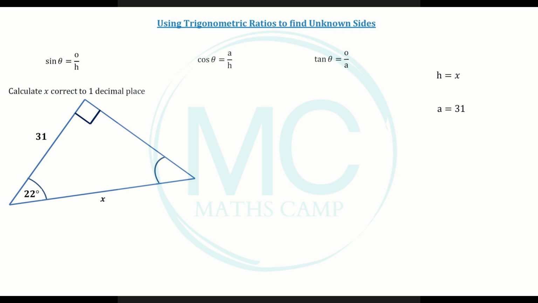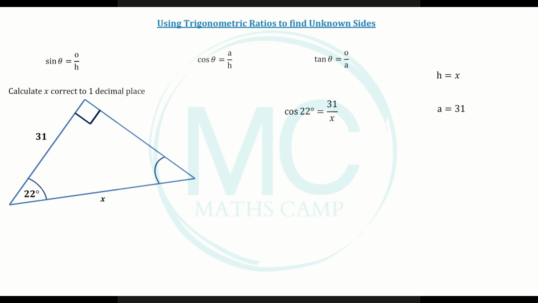Now we have an angle, the adjacent side, and we need to find the length of the hypotenuse. So we need to use a ratio that uses the hypotenuse and the adjacent side, and cos uses both of these. So now we can say cos, instead of theta, let's use our angle of 22 degrees, is equal to the adjacent side, which is 31 units, over our hypotenuse, which is x.